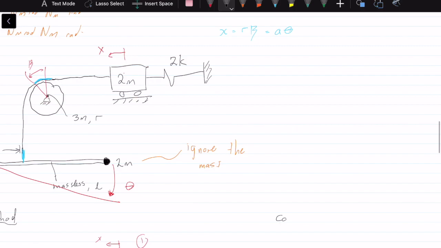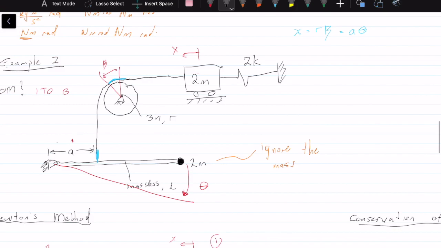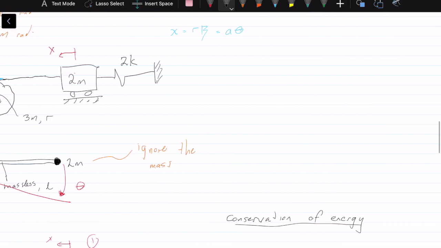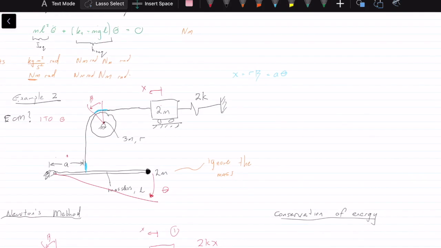So, conservation of energy. Okay, so I'm going to work straight off this diagram. Let's see if I can get this.